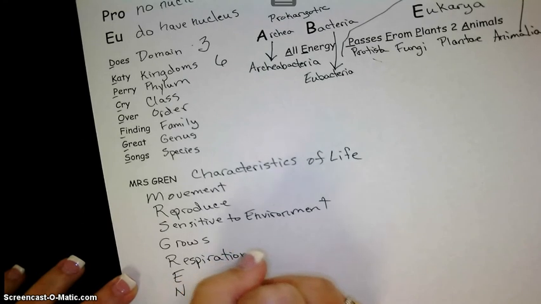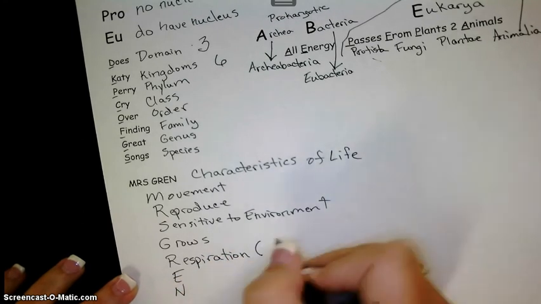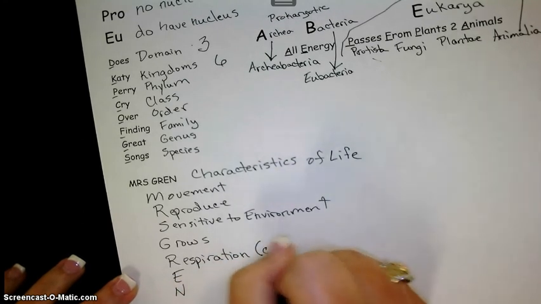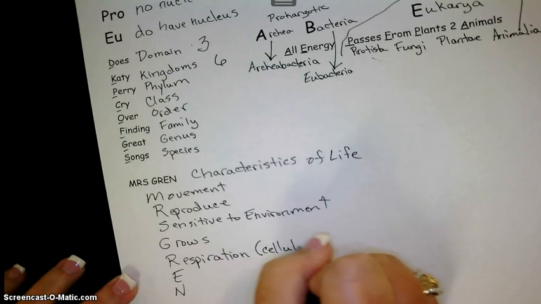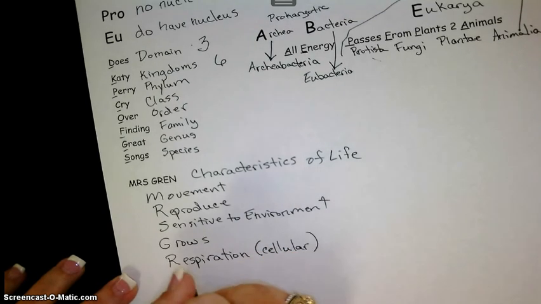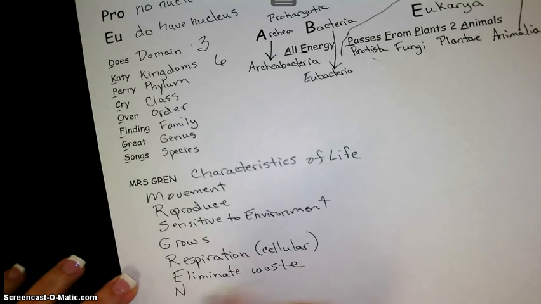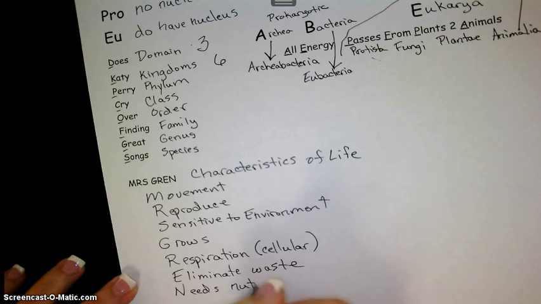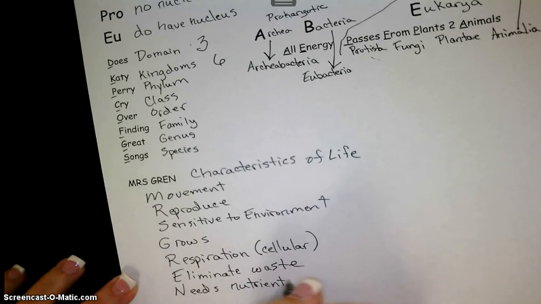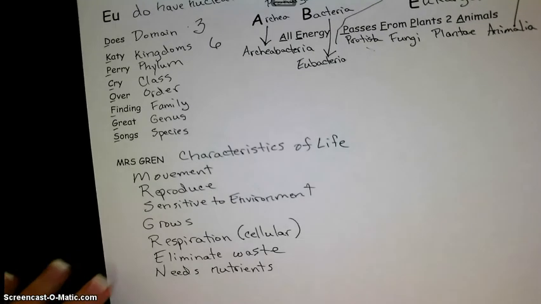I'm not talking breathing because not all organisms breathe air, but respiration at a cellular level. And then eliminate waste and needs nutrients, or you could even say needs energy.